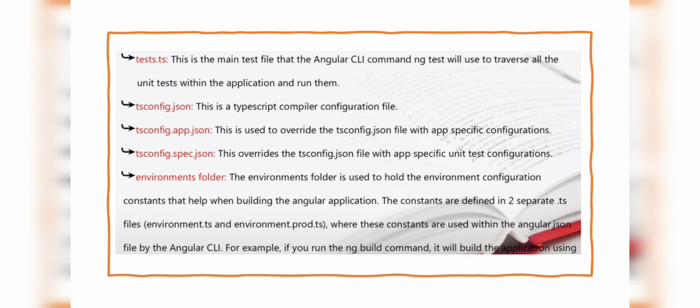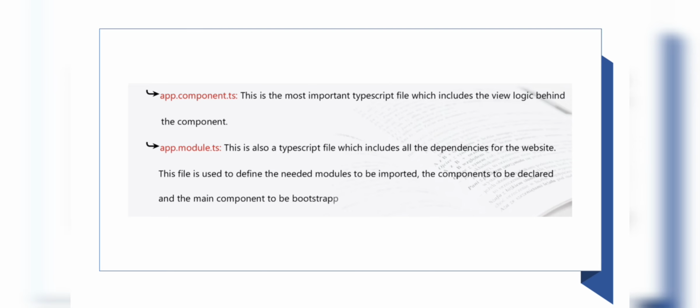And styles.css is a global CSS file used by the Angular application. Like that, we also have the test.ts file, tsconfig.json, tsconfig.app.json, tsconfig.spec.json, and the environments folder. These are all the important files present in Angular.